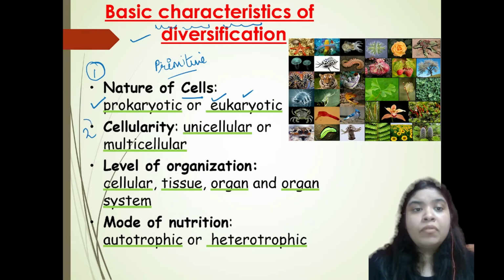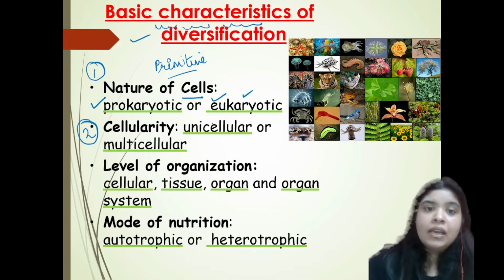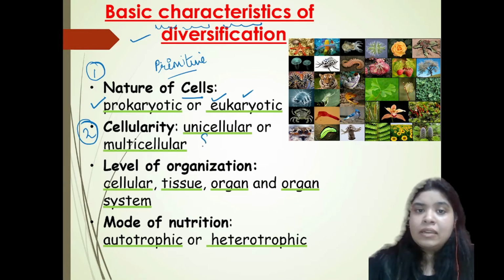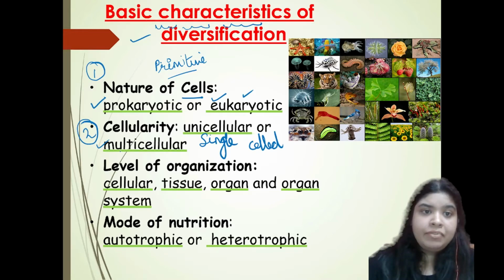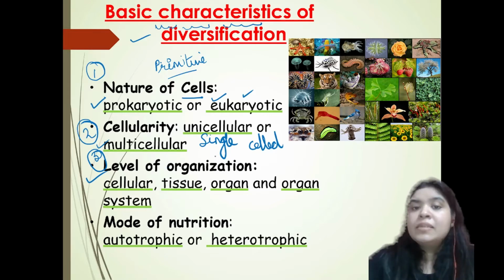Similarly, the second point of diversification could be cellularity. They can be either unicellular, which is single-celled, or they can be multicellular organisms, which generally have various cells in their body. All right, so this can be the second point of difference between the organisms. The third can be the level of organization. These organisms can be as simple as single-celled organisms, which have just one cell in their body, or they can have tissue organization.